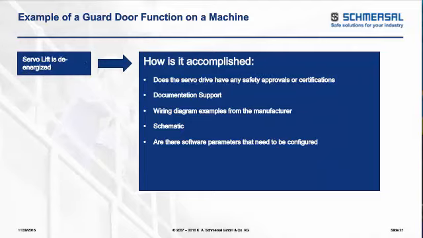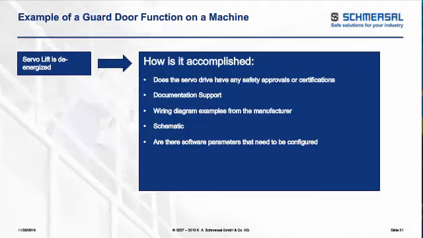If we look at the servo lifts, the elevator we discussed in the example, same thing. A lot of servo drives now come with safe torque off functionality as a standard feature built into the controller. Same thing with AC drives.